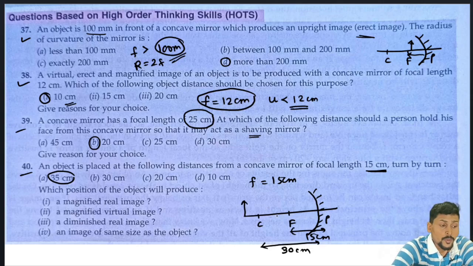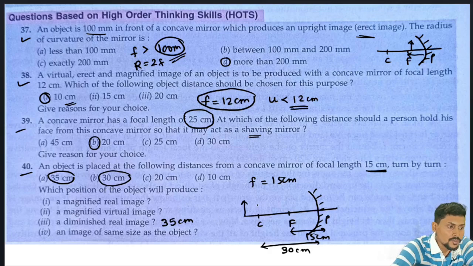Then the image will be formed in between C and F, and the nature of the image will be real, inverted and diminished. So if the object is at 35 centimeter, we get a diminished real image. Then if you place it at 30 cm, that means at C, if the object is placed at 30 centimeter, that is at C, the image will be formed at C. The nature will be real, inverted and of the same size as the object. If we place the object at 30 cm, we get this type of image.